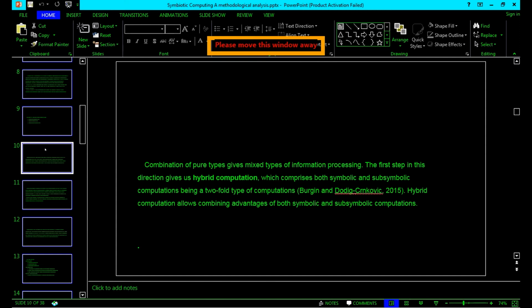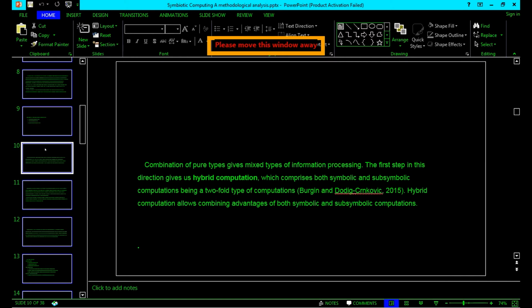Combination of a few types gives mixed types of information processing. The first step in this direction gives us hybrid computation, which comprises both symbolic and sub-symbolic computations, being a two-fold type of computation, which was considered in my paper with Gordana Dodig-Crnkovic, published in 2015.